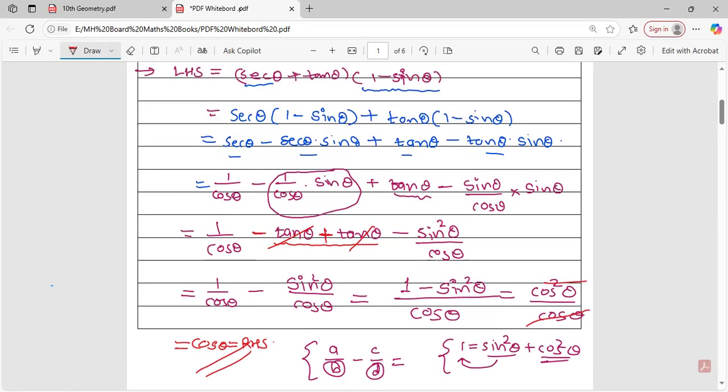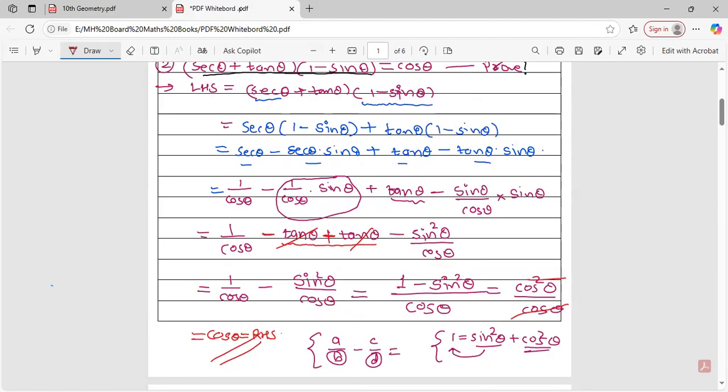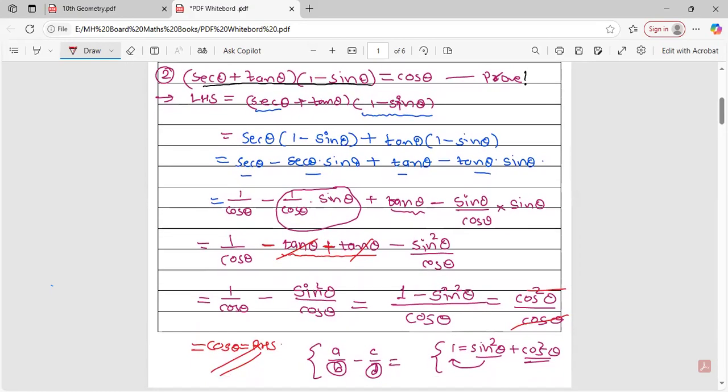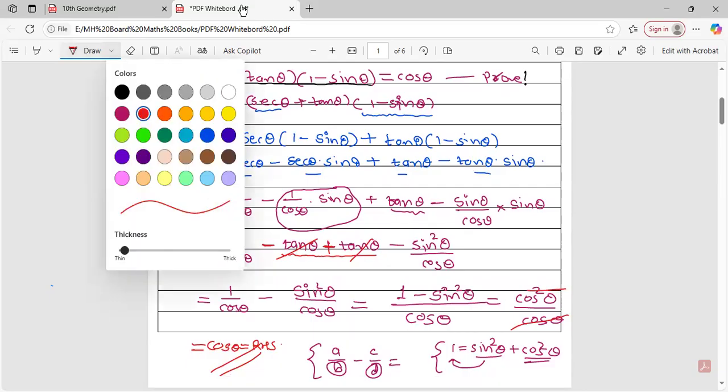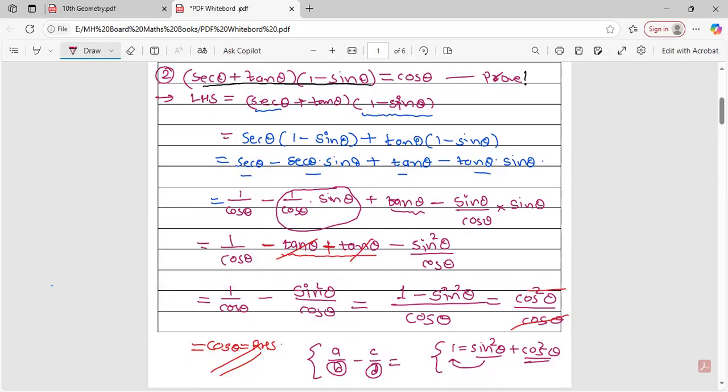Okay. Understood? Is it that difficult? No. Now write it down. Now you tell me, is trigonometry difficult? No. Trigonometry is not that difficult once you understand the basics, and you need to practice a lot.